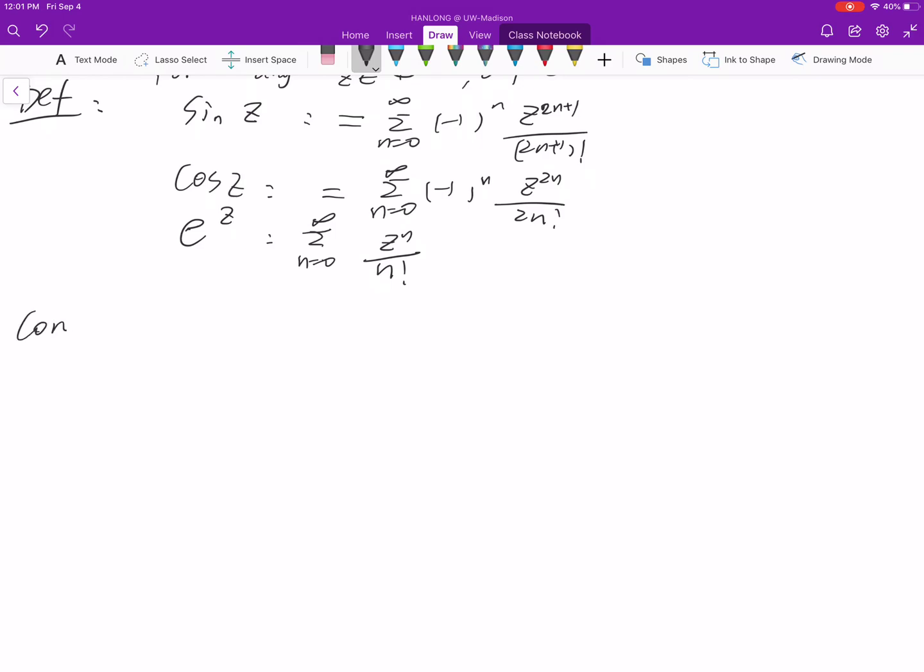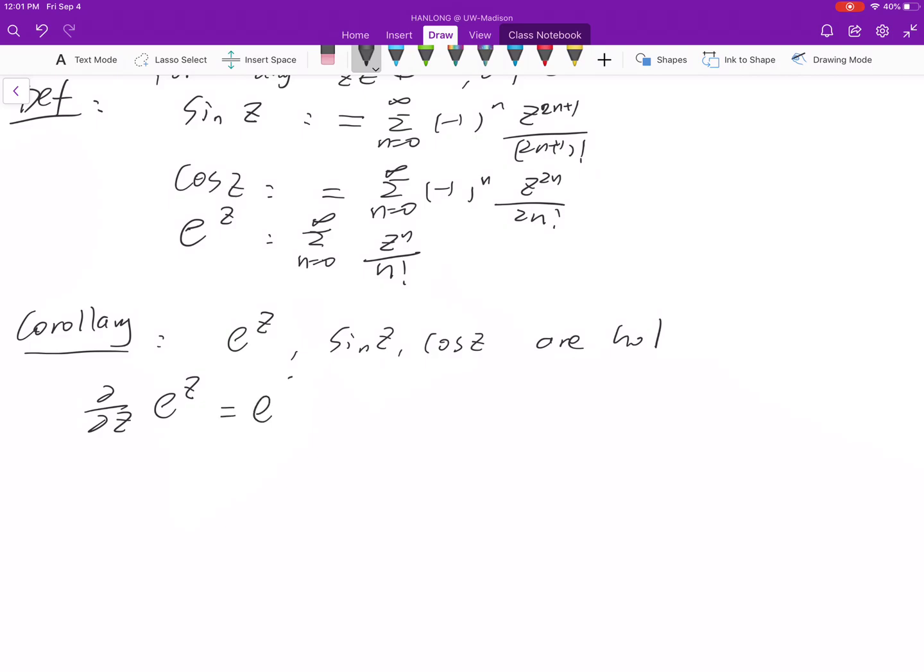And then corollary: e^z, sine z, cosine z are holomorphic, and partial z of exponential z equals exponential z, partial z of sine z is cosine z, partial z of cosine z is negative sine z.